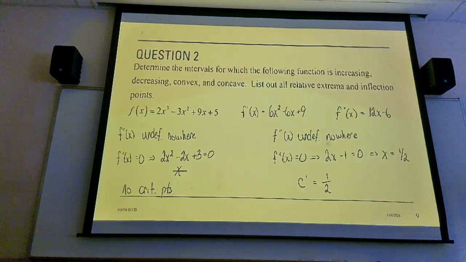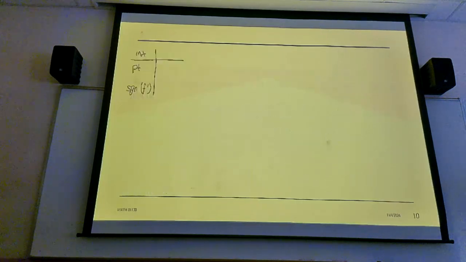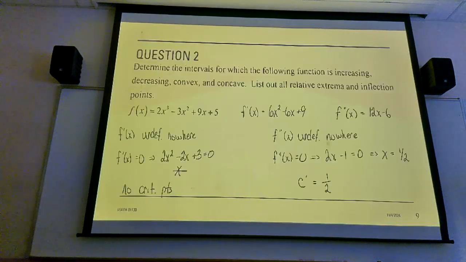F prime had no critical points. Since the domain of f is all real numbers, we have a single interval. Choose 0 as your test point. Why not? What's f prime of 0? Positive, right?